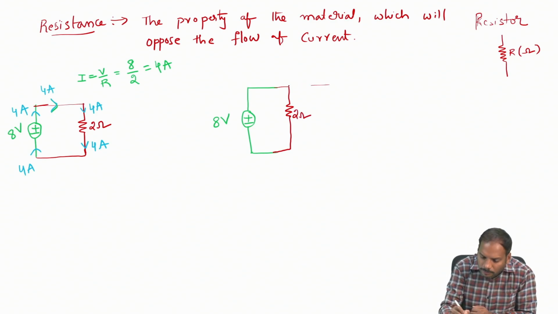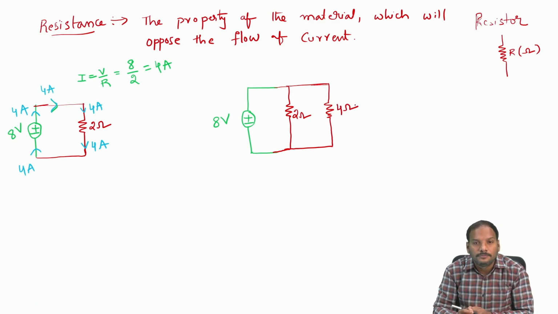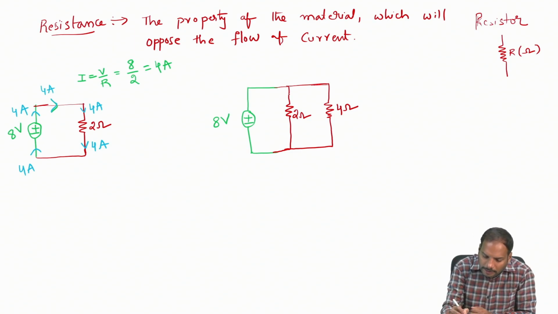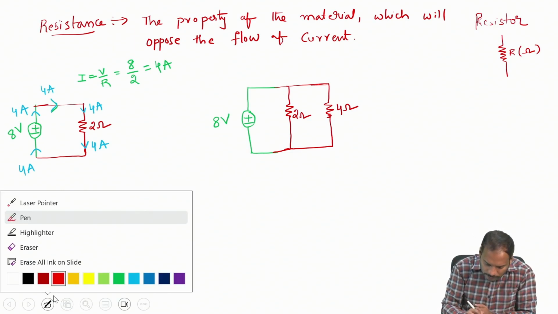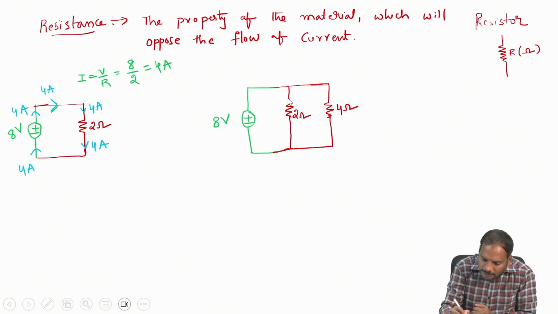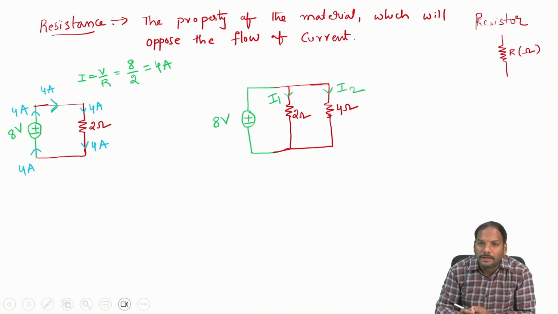And I'll consider one more resistor in parallel, something like this, and its resistance value is 4 ohms. Now from this example, I calculate the current flow through resistor 1, which I'm calling I1, and the current flow through resistor 2, which I call I2.